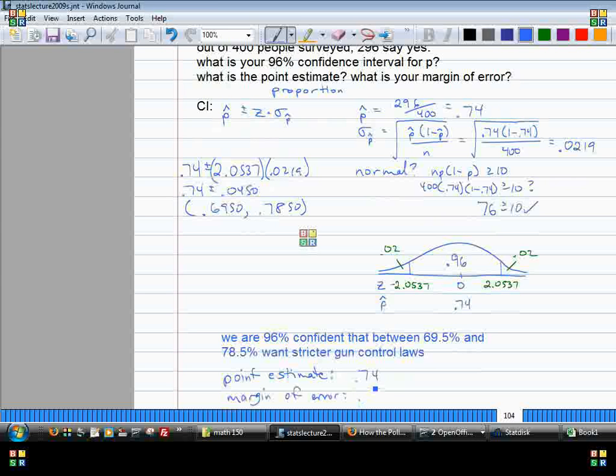Nope. Yeah. It's 0.0450. It's the whole plus minus part. Now again, remember, we're talking about proportions, so that 74 is really the same as saying 74%, and that margin of error is the same as saying 4.5%.